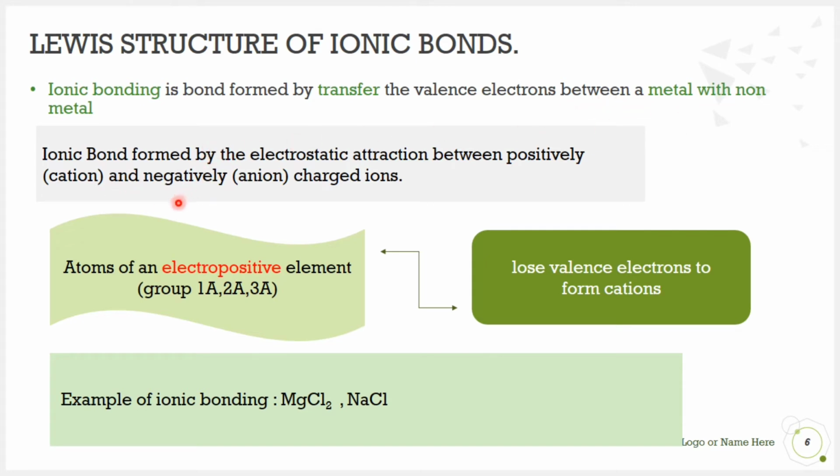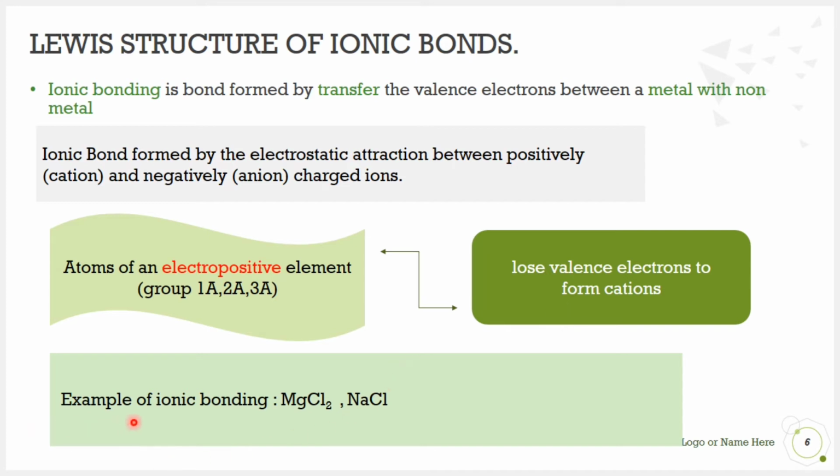Ionic bonds are formed by electrostatic attraction between positively charged cations and negatively charged anions. Atoms of an electropositive element, usually from group 1A, 2A, and 3A, tend to lose valence electrons to form cations and to reach their stability.